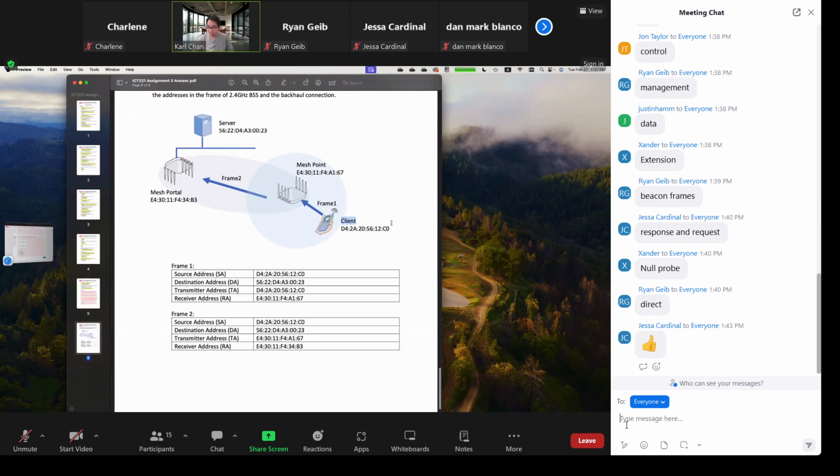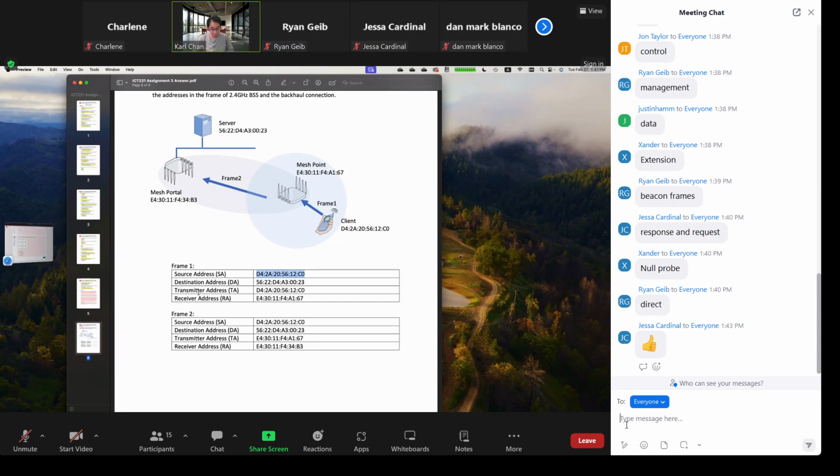So frame 1 is sent from the client to the mesh point, but the destination is the server. So the destination address is the server, and the source is the client.